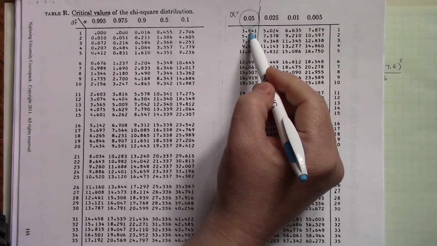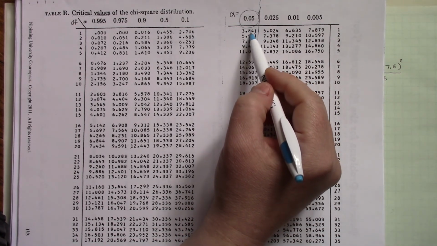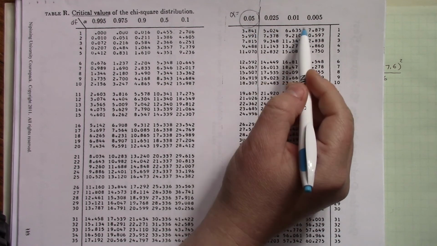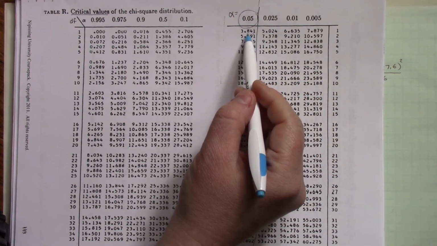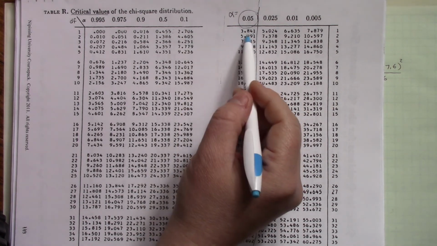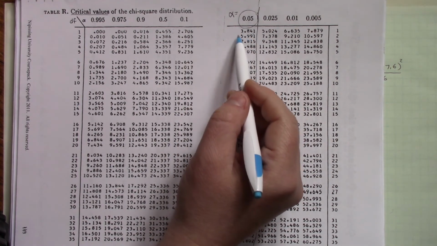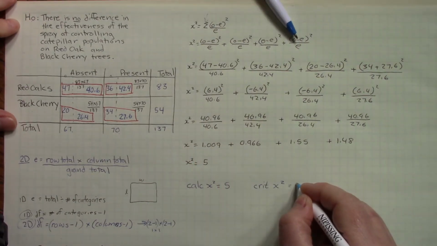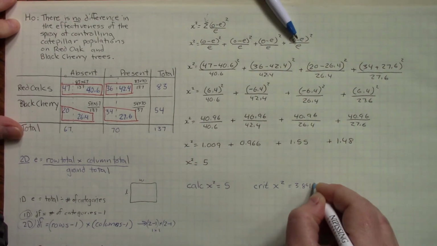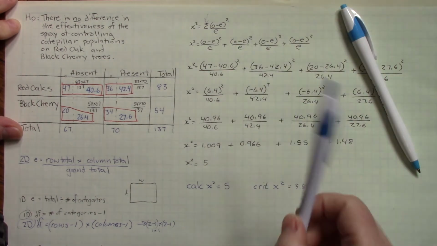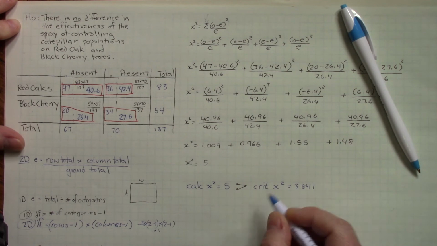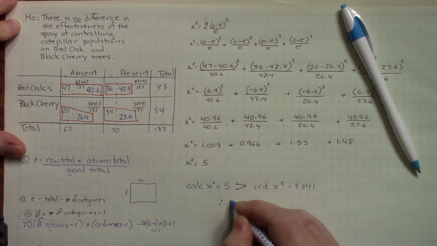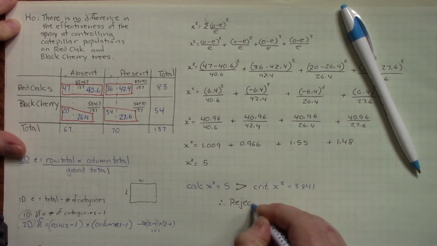Now, if our calculated chi-square is greater than this critical cutoff line, then we reject our H0, and there is a difference. If our calculated chi-squared is less than this critical cutoff line, we accept our H0, there is no difference. So our critical chi-squared is 3.841. Now our calculated is greater than our critical. Therefore, we reject H0.